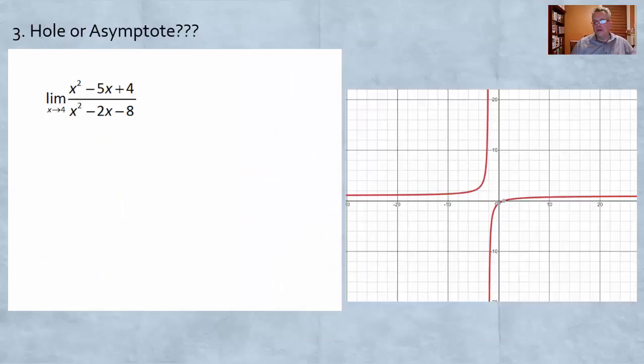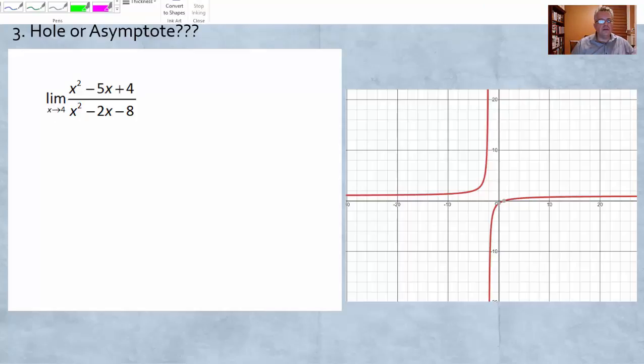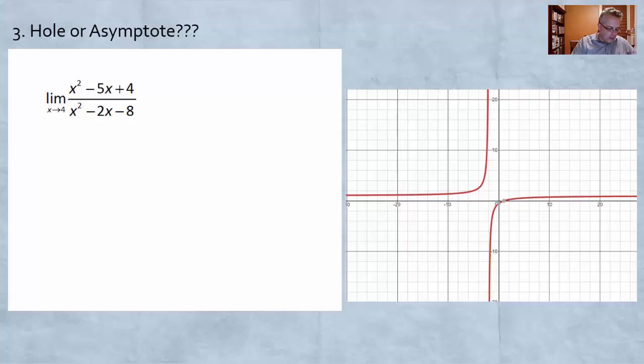Okay, now here we have a rational function. As x approaches 4, it turns out that 4 makes the numerator and the denominator 0 in this case. So 4 is one of the problem points. We want to find out if 4 is a hole or an asymptote. So what we're going to do is simplify this function.